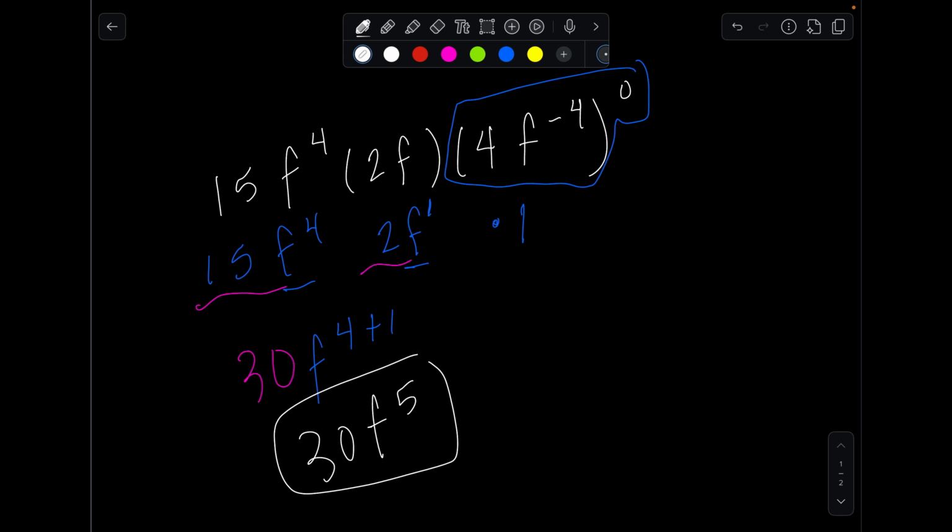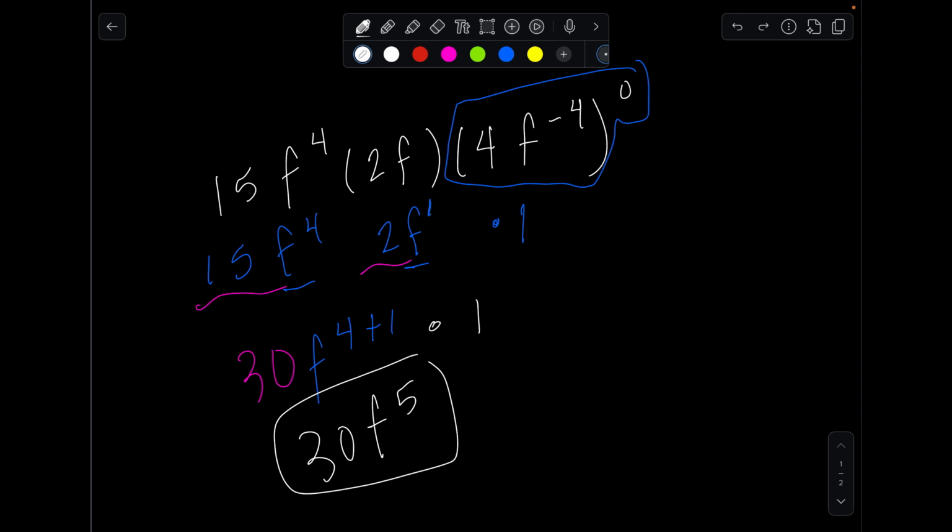All you just did is 4 plus the 1 here. That's it. 5. 15 times 2 is 30. That's it. Times that 1, which you don't need. Times 1, well, 30 times 1 is 30, right? That was a good question.